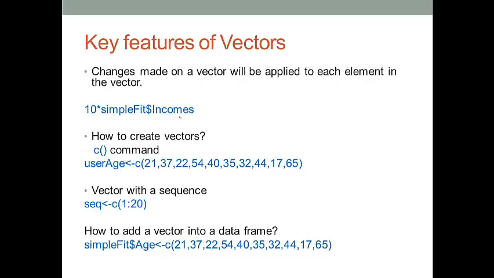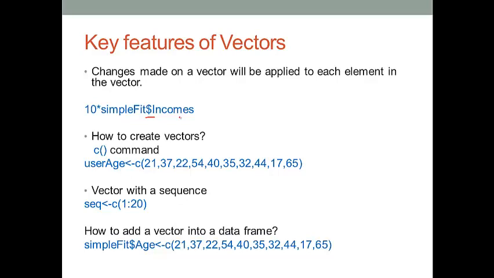This example shows everybody how we can access the incomes vector stored in the simple fit data frame. We use a $ sign. First, we type in the data frame name, simple fit, and then we type in a $ sign, and then we type in the vector name. By doing this, we can access the elements stored in the incomes vector.